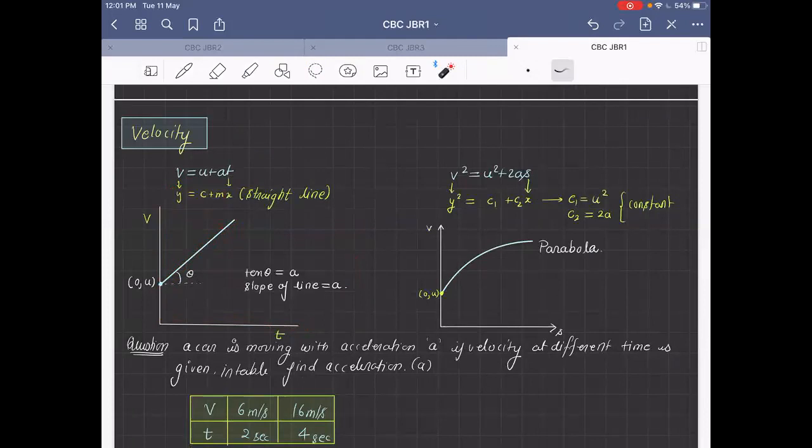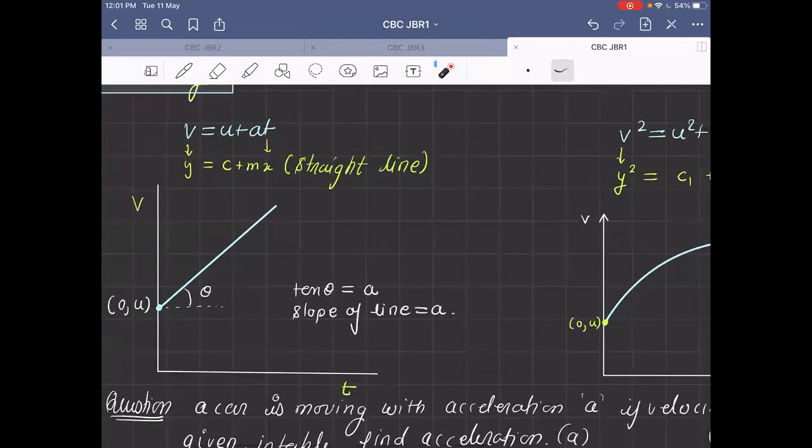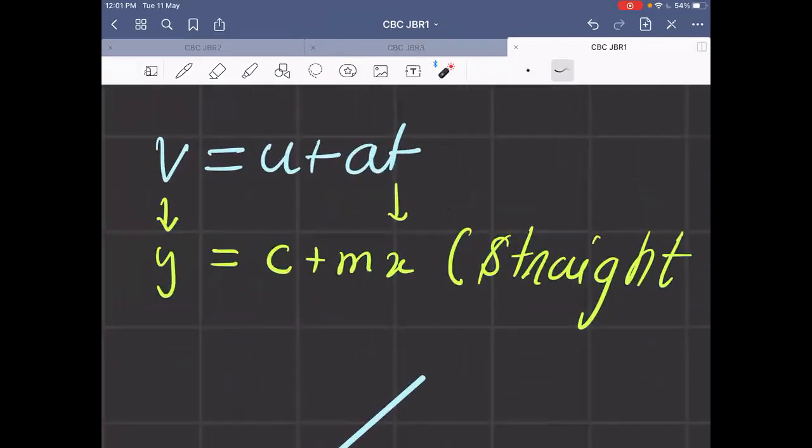Yes or no? Can you tell me what is m in a straight line? It has a name, right? Like you guys might have names like Chintu, Mintu, or Sham and Shyam. It's the slope. Very good.